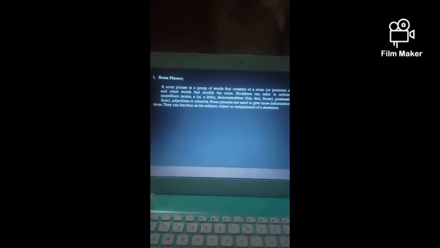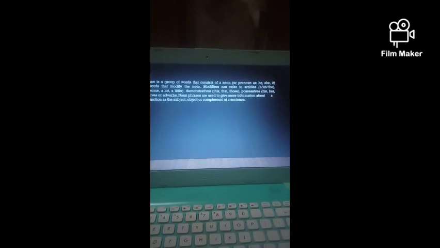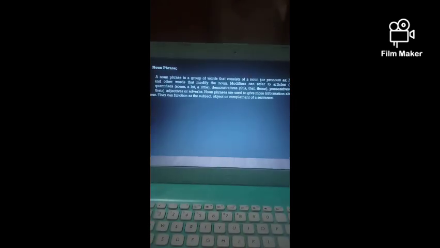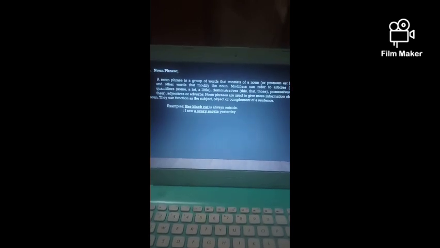A noun phrase is a group of words that consists of a noun or a pronoun such as she, he, it, and other words that modify the noun.